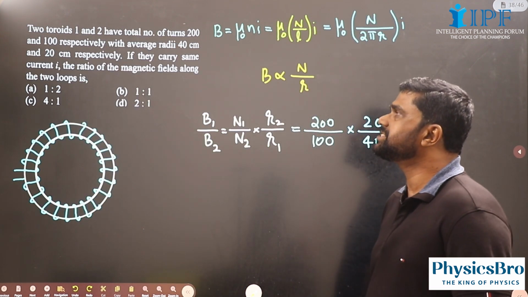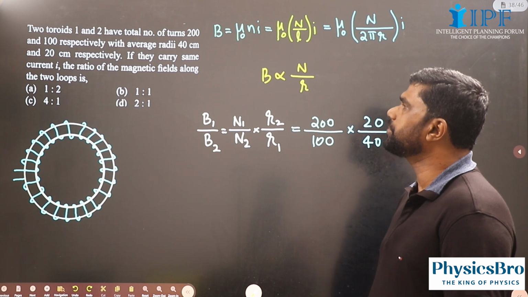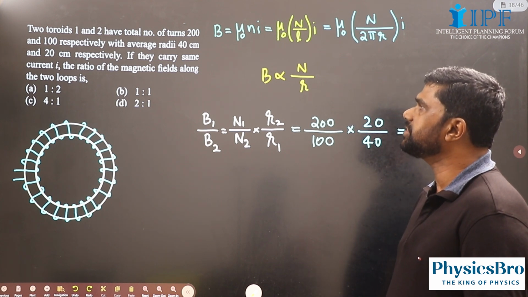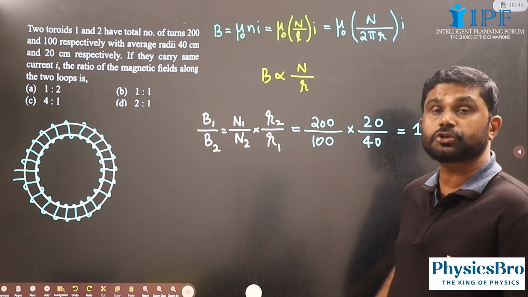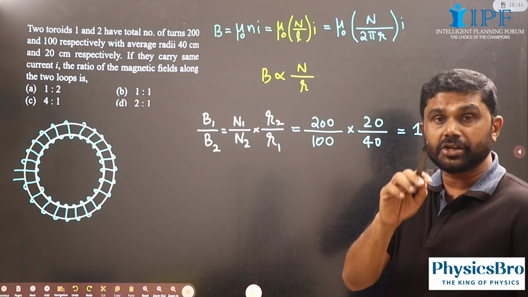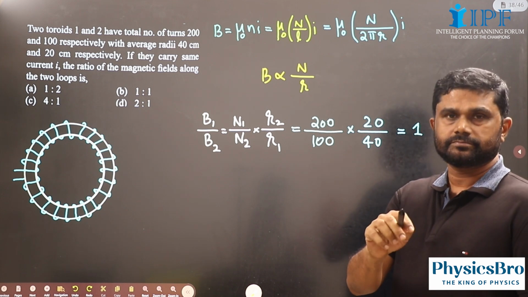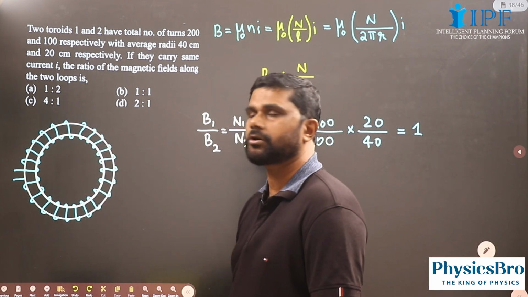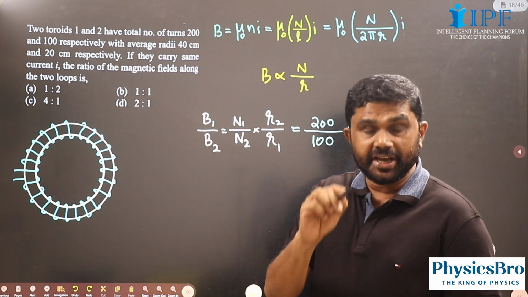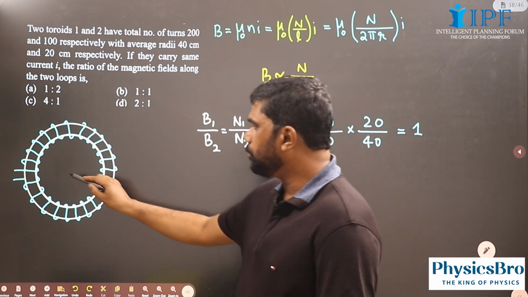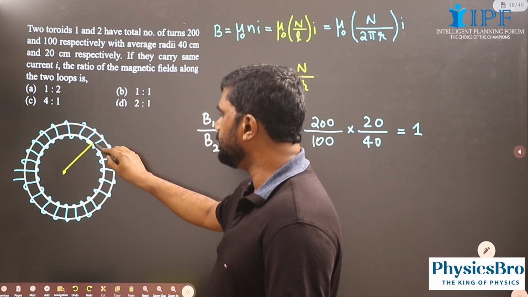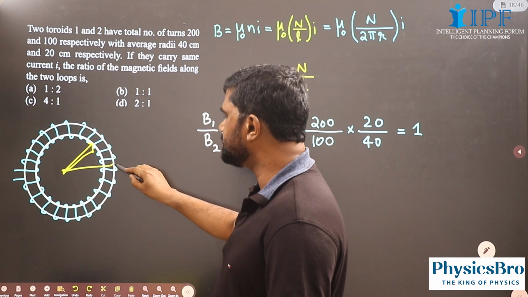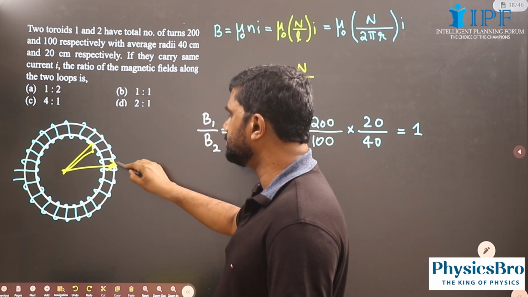Okay. Two toroids, 1 and 2, have total number of turns 200 and 100 turns with average radii. See, toroid means a solenoid in circular shape. Okay, means this is a toroid. Why average radius? Now suppose, see, this is 20 centimeter, and this is say 21 centimeter.